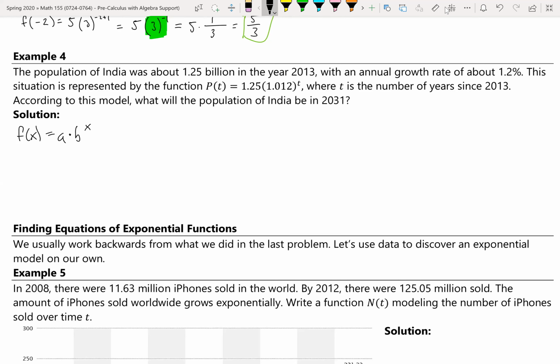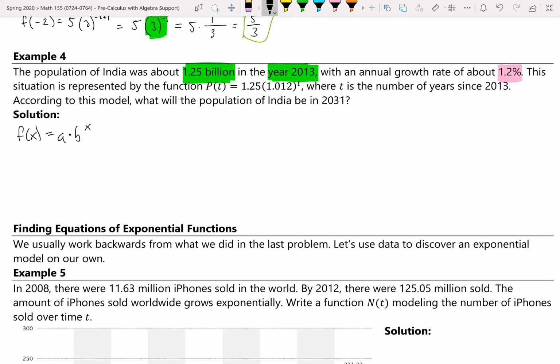What's my initial amount that we're talking about? 1.25 billion. Right, so we're given this as an initial amount. We're going to assume that our count of years starts in the year 2013. Does that make sense? And our growth rate is what? It's going to be that 1.2%, correct?